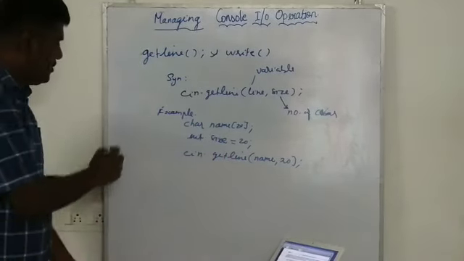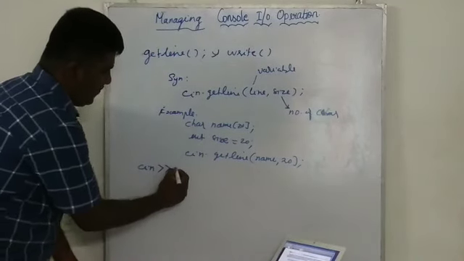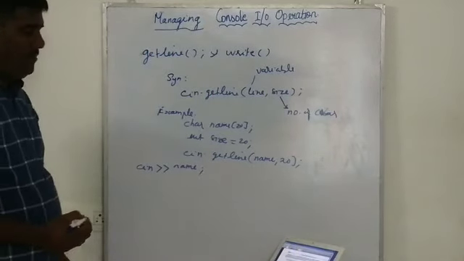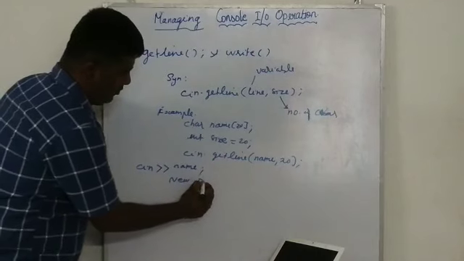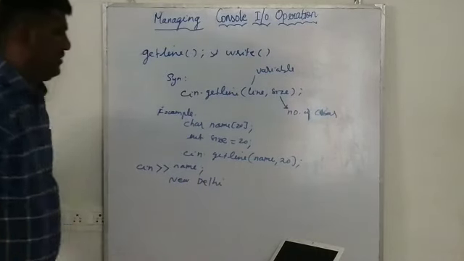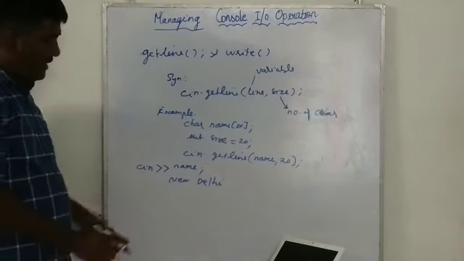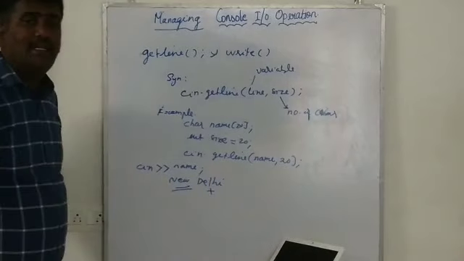Okay. Suppose we are using cin >> name, and I give the input New Delhi. In cin, it only reads New and omits Delhi.